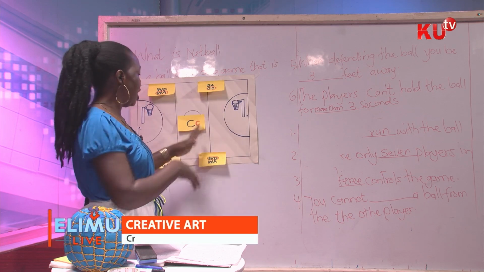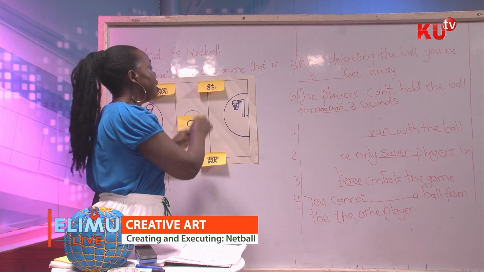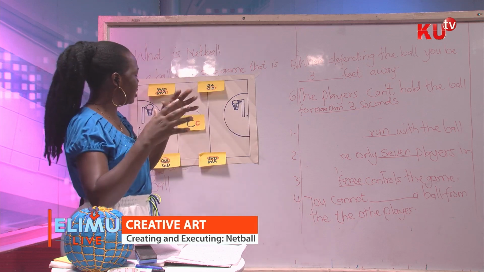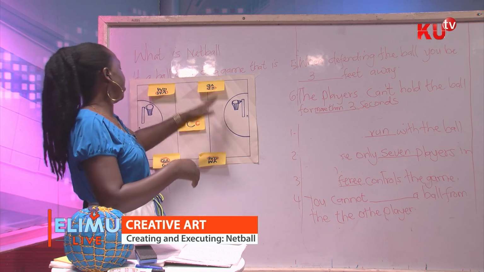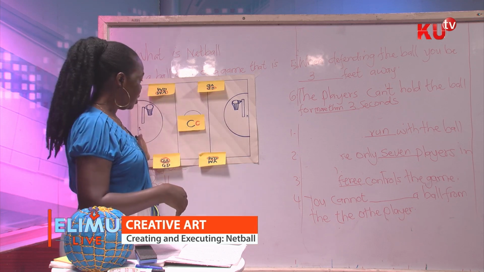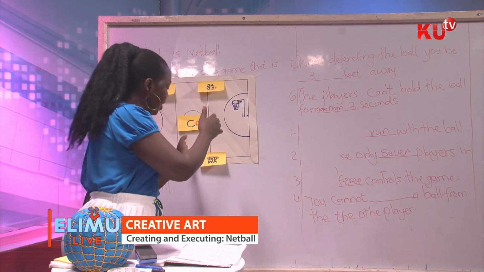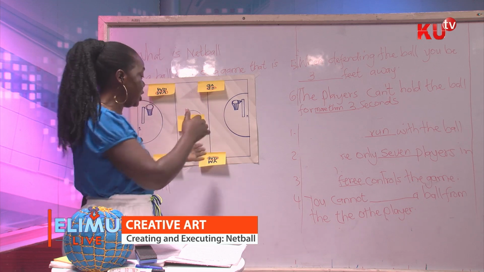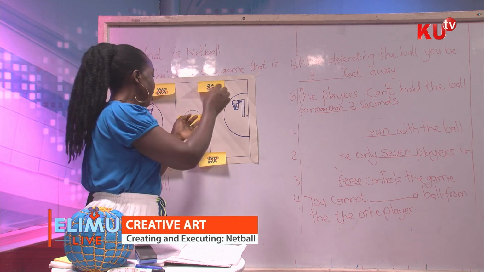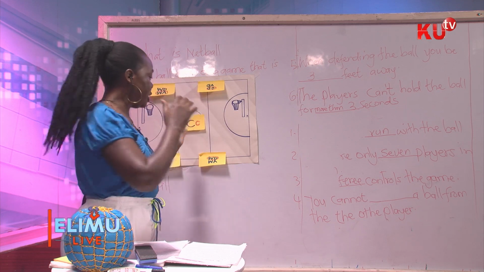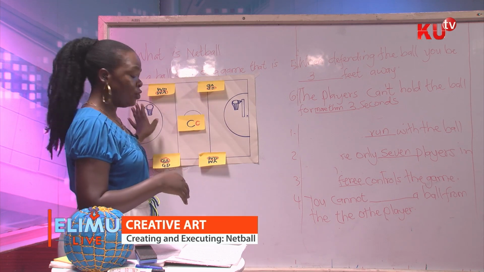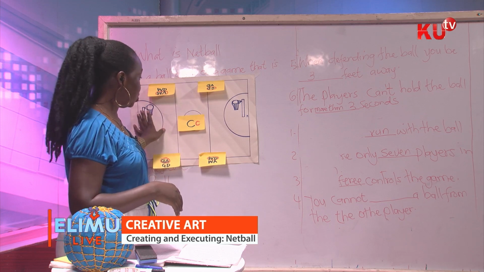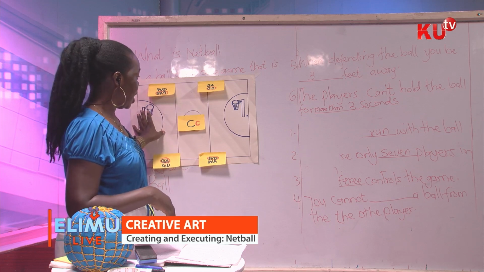And the wing defender will defend the wing attacker from passing the ball. And in case there is any rebounding ball, the wing defender will pass it to their side. In case she defends the wing attacker to an extent that she's not able to receive the ball, then the wing defender will get that ball and pass it towards their shooting area. Are we together?